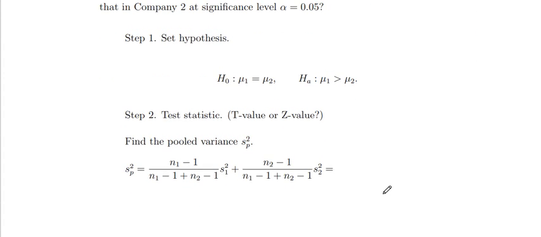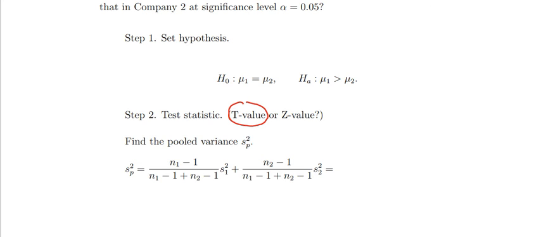Here there is a test statistic, Z value or T value. We say this is a T value, because if we assume sigma 1 equals sigma 2, then this becomes an exact T distribution, or T value.